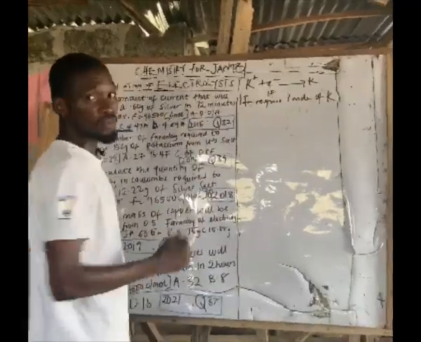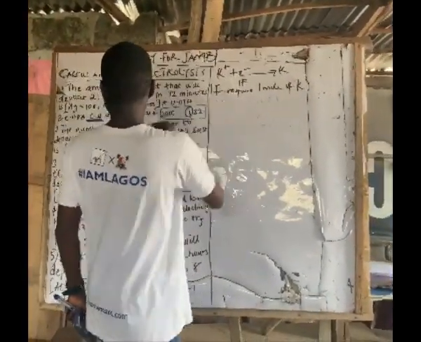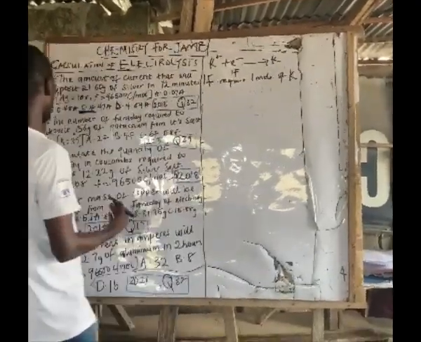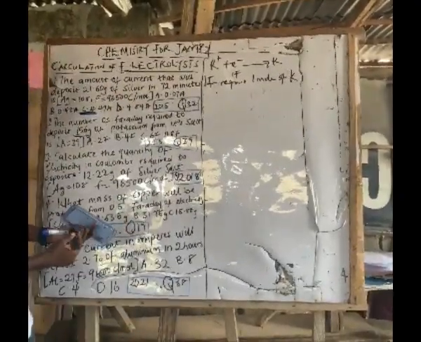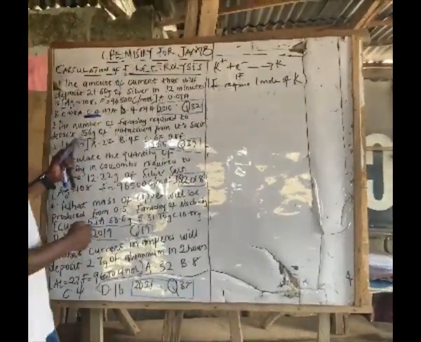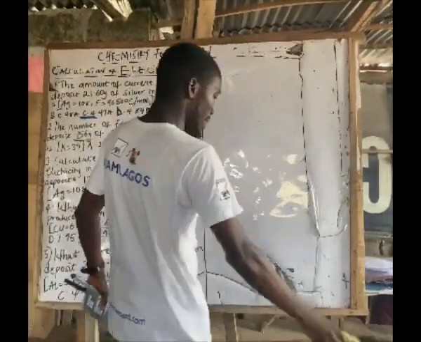So half a mole of this will give us the potassium, but this question is incomplete. So we're moving to the number 3 question.